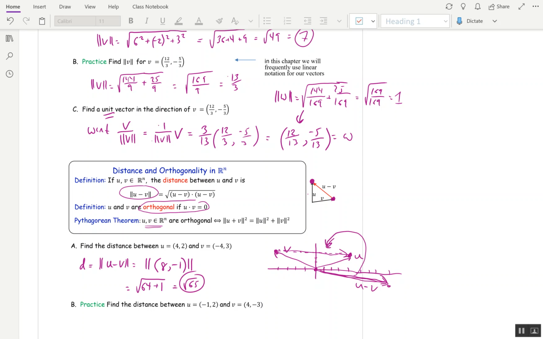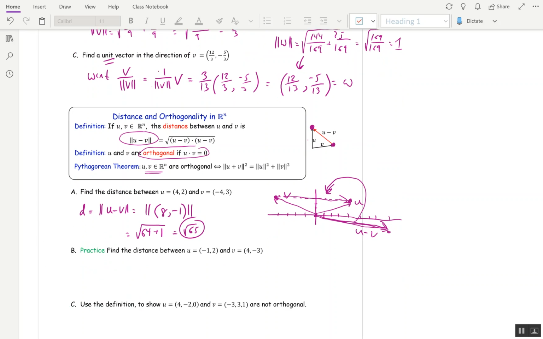All right, so now you try one. Find the distance between these two vectors, U and V. Pause the video, and then come back. All right, so hopefully you got root 50. So the distance is the length of U minus V, which is the length of negative 1 minus 4 is negative 5. 2 minus negative 3 is positive 5.